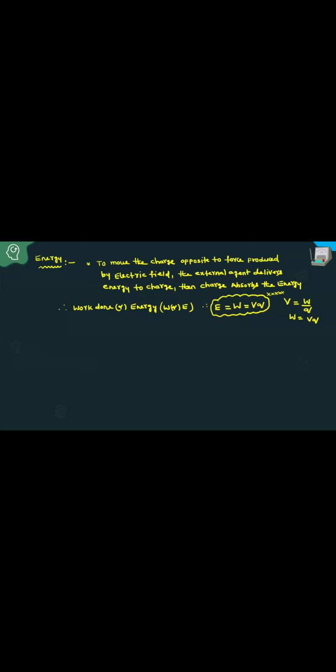That is, to move the charge opposite to the force produced by electric field, the external agent delivers the energy to charge. Then charge absorbs the energy. What is that energy absorbed by the charge? That is E equal to W equal to. Therefore, energy supplied equals charge supplied into voltage.